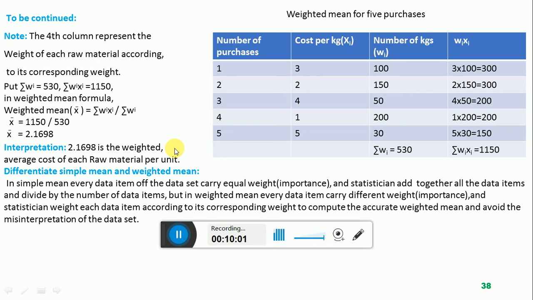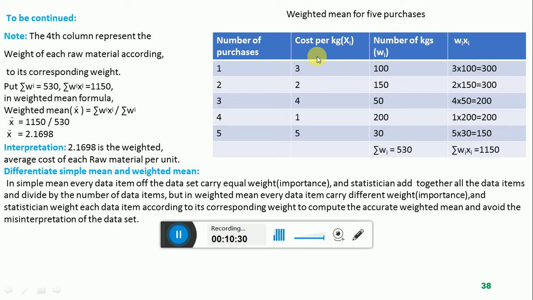So this is the way we elaborate in this data table. We have the 5 raw materials, prices per kg, number of kgs, and the total cost that the company pays. In this way, as we discussed, we develop a table for the 5 purchases, and the statistician computes the weighted mean, because this is not a simple mean.